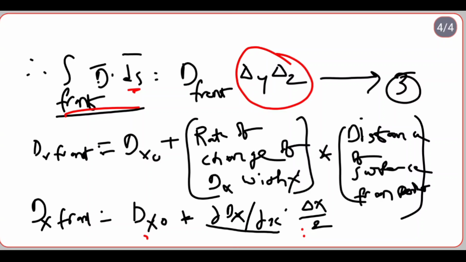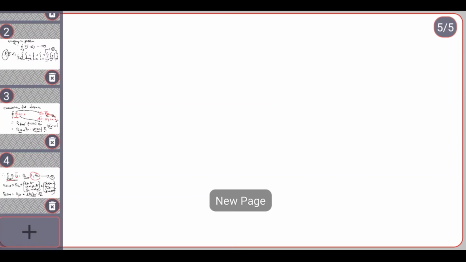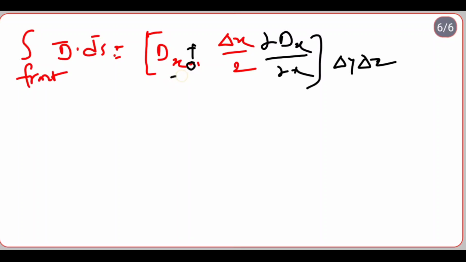Therefore the integral over the front side of D dot ds equals dx naught plus delta x by 2 dou dx by dou x, into ds, which can be written as delta y delta z.